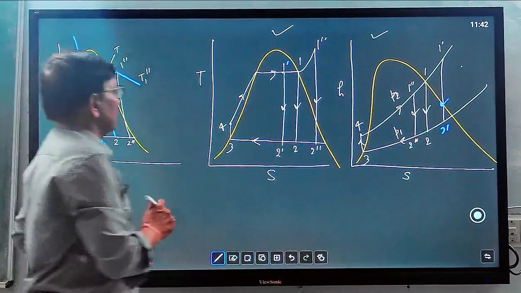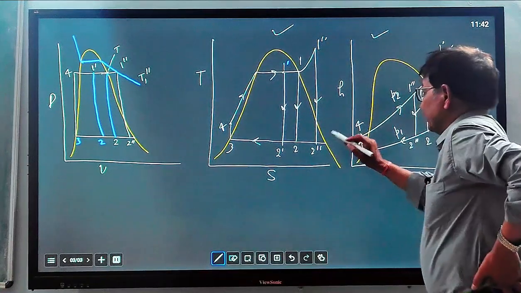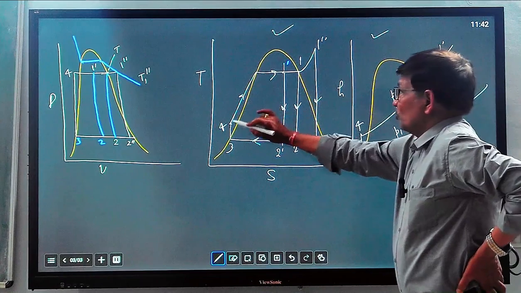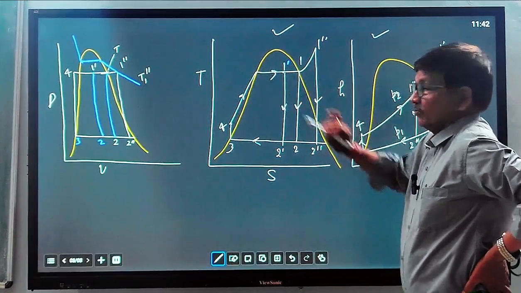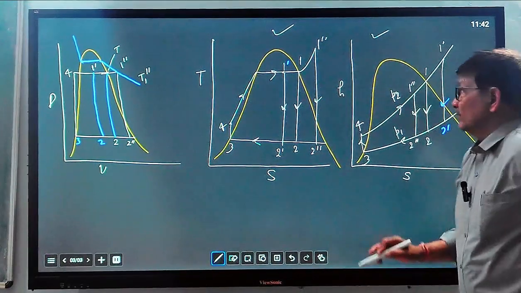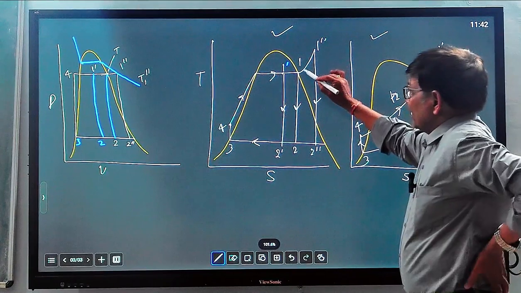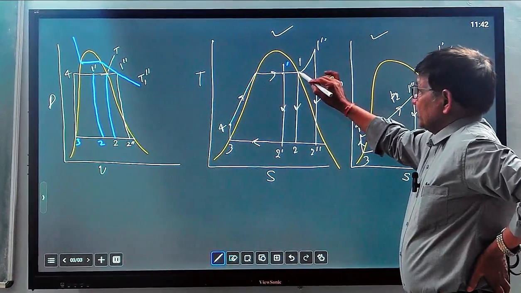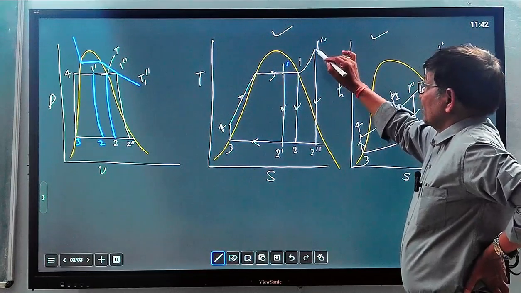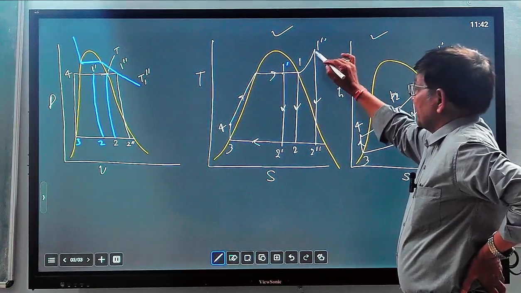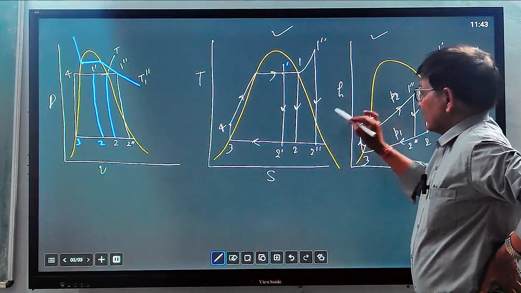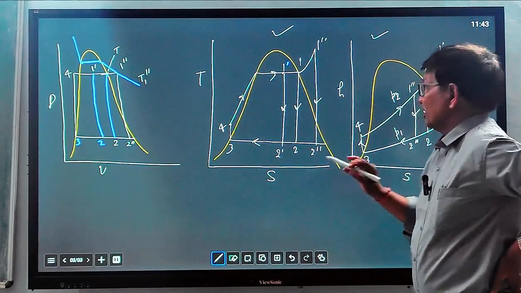So let us see the TF diagram. You can see on the TF diagram the process will start. This 4 to 1 is a heat addition process, a constant pressure heat addition process. Either in the turbine, just a saturated state expansion will take place up to the moisture limit, or we can take some superheated state in the turbine expansion, and after expansion in the turbine some moisture content will be there.